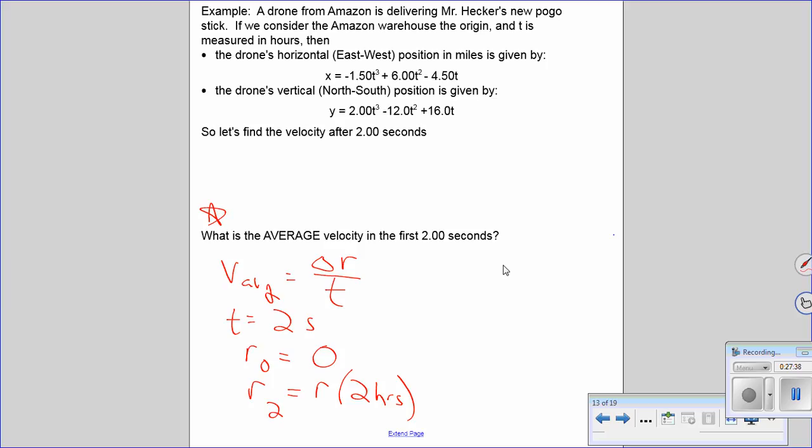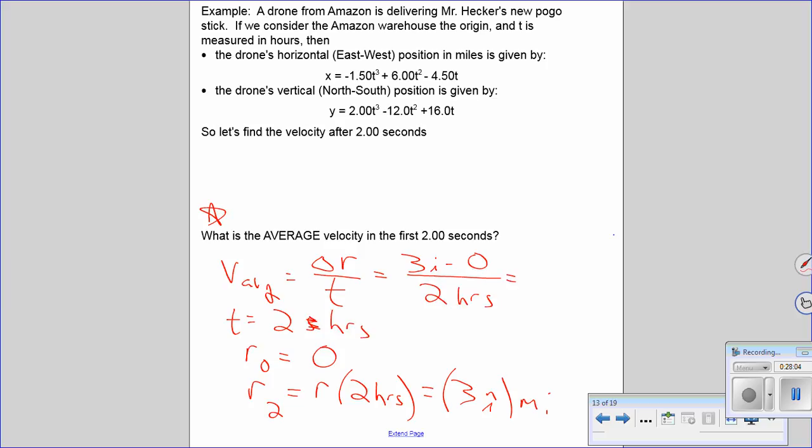Cool? All right, so we figured this out. What was it? 3i miles? Isn't that what it was after 2 hours? Cool. So what's my change in position going to be? This one's really easy. It's 3i minus 0 over 2 hours.